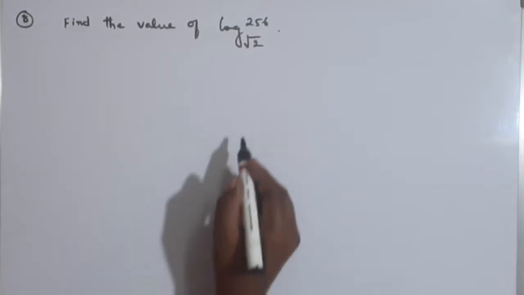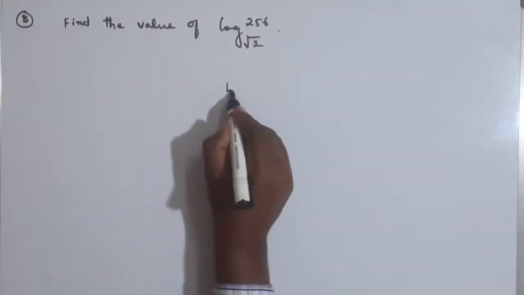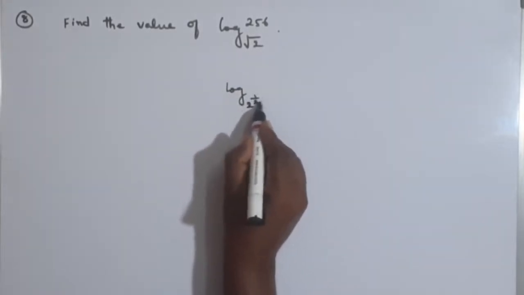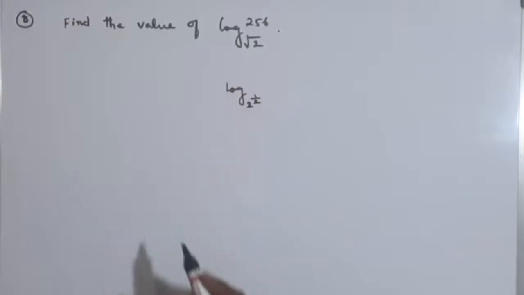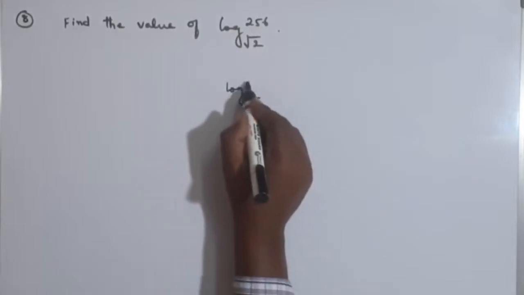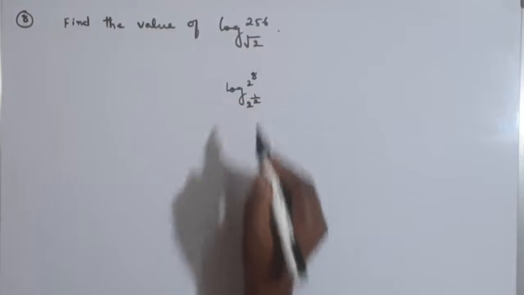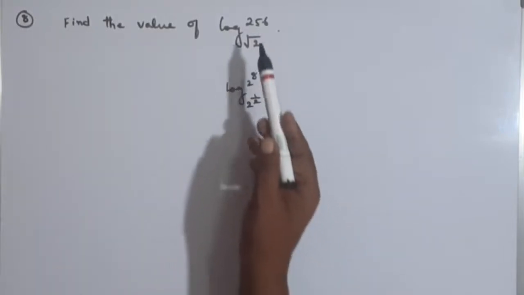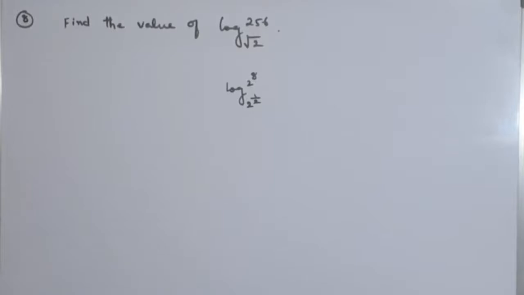Here root 2 is 2 to the power of 1 by 2, and 256 I can write as 2 to the power of 8. You can take the prime factorization of 256, then 256 can be written as 2 to the power of 8.